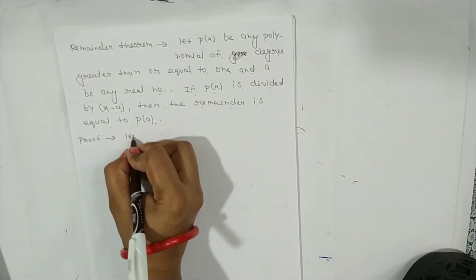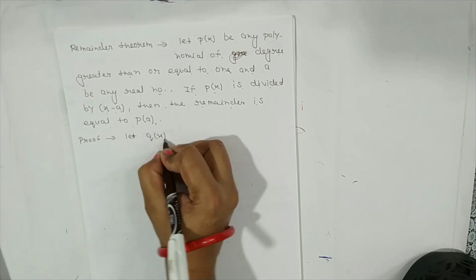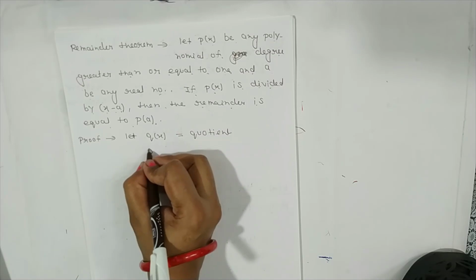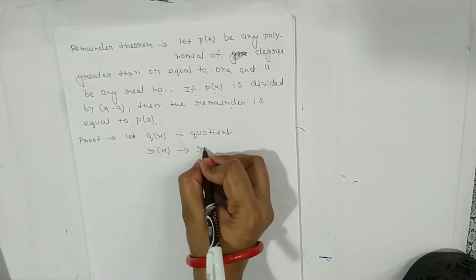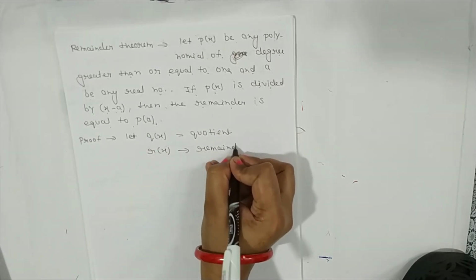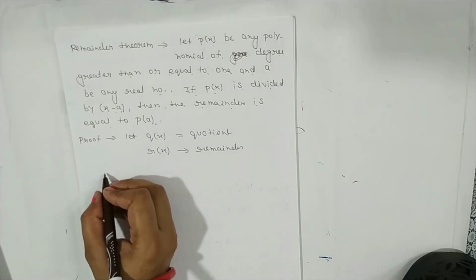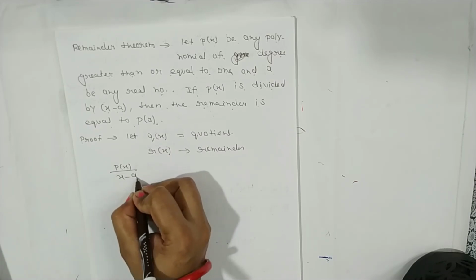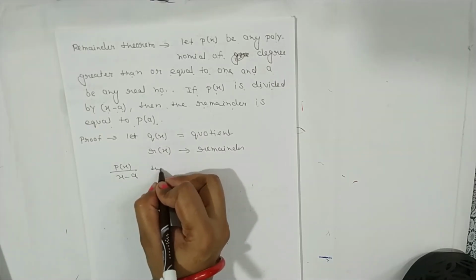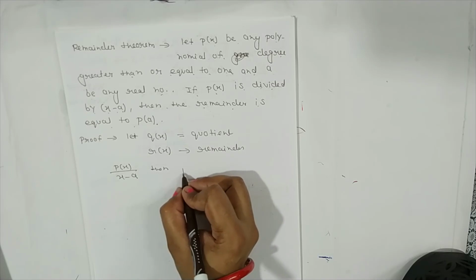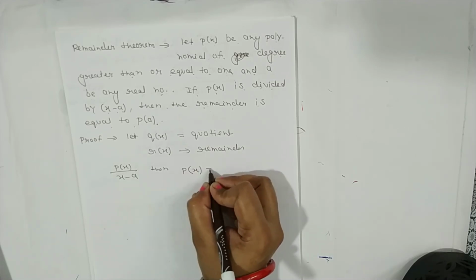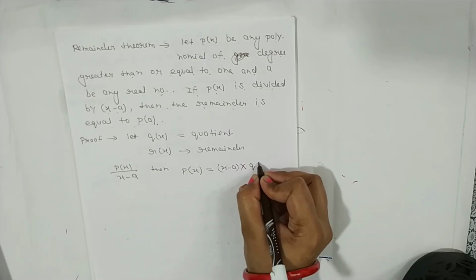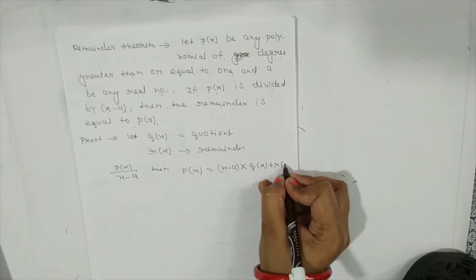So let q of x be the quotient and r of x be called the remainder. Then when p of x is divided by x minus a, we can write it as p of x, the dividend, equals the divisor x minus a multiplied by the quotient, plus the remainder.